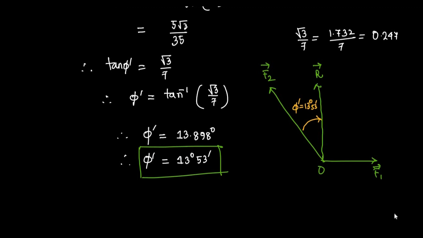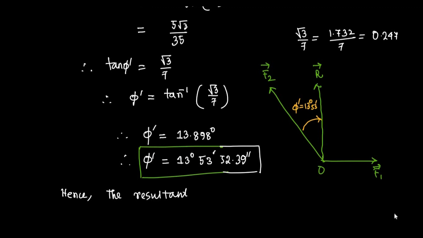Resultant force vector R acts at an angle phi dash equal 13 degree 53 minutes with the direction of the larger force vector F2. Hence, phi dash can also be written as 13 degree 53 minutes 52.39 seconds.